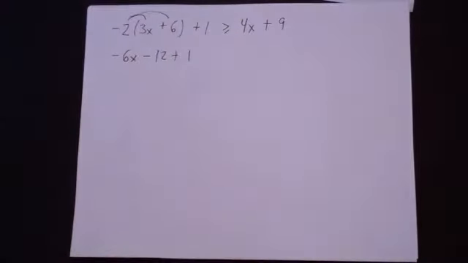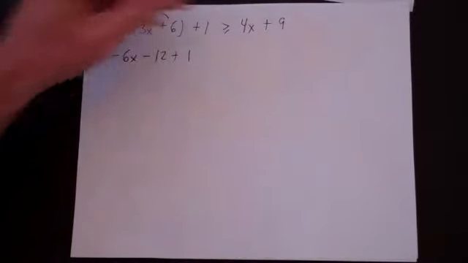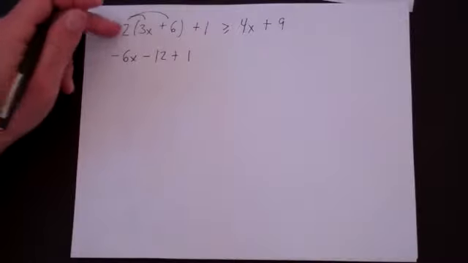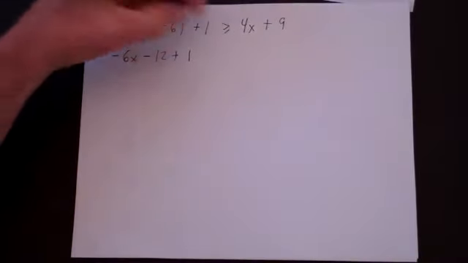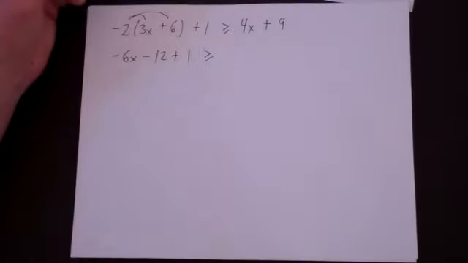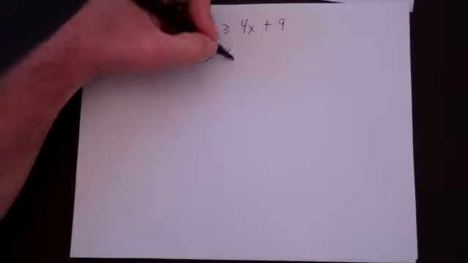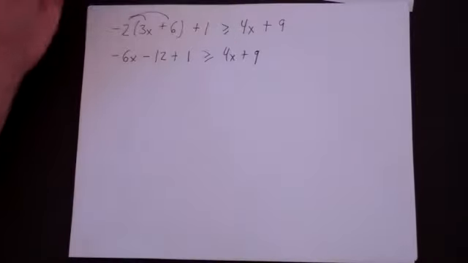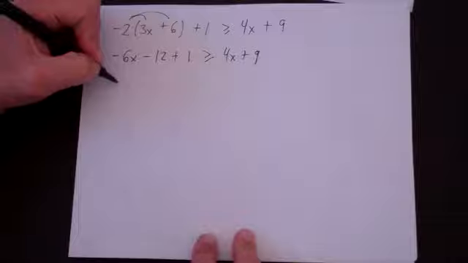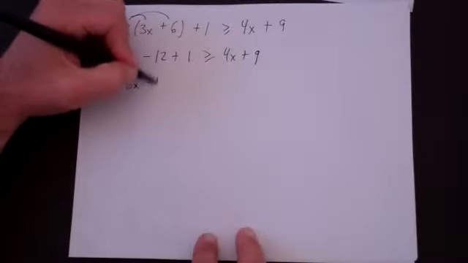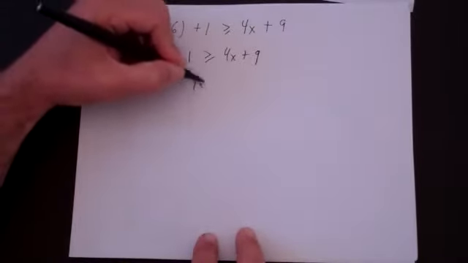Now let's think about whether or not the sign flips. I did multiply by a negative, but I didn't multiply both sides by a negative. So I'm just distributing. In that case, the sign does not flip. Combine like terms, I get minus 6x minus 11 greater than or equal to 4x plus 9.